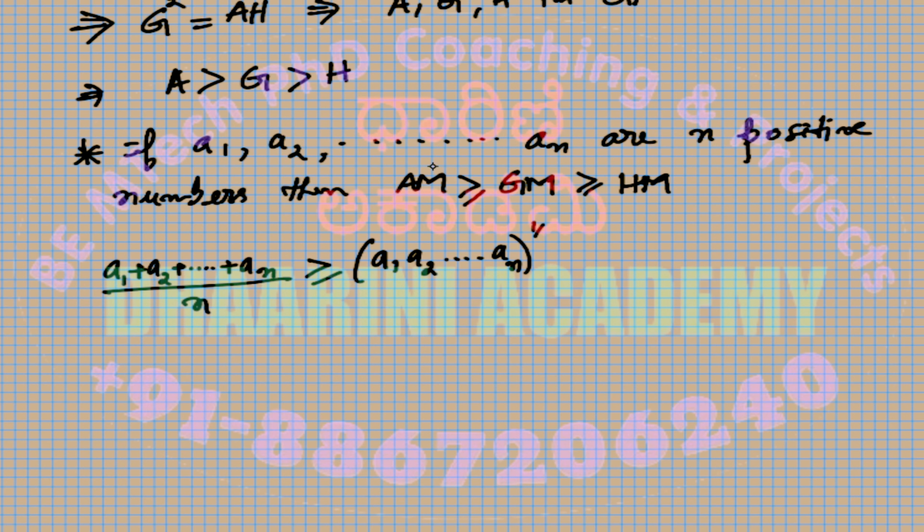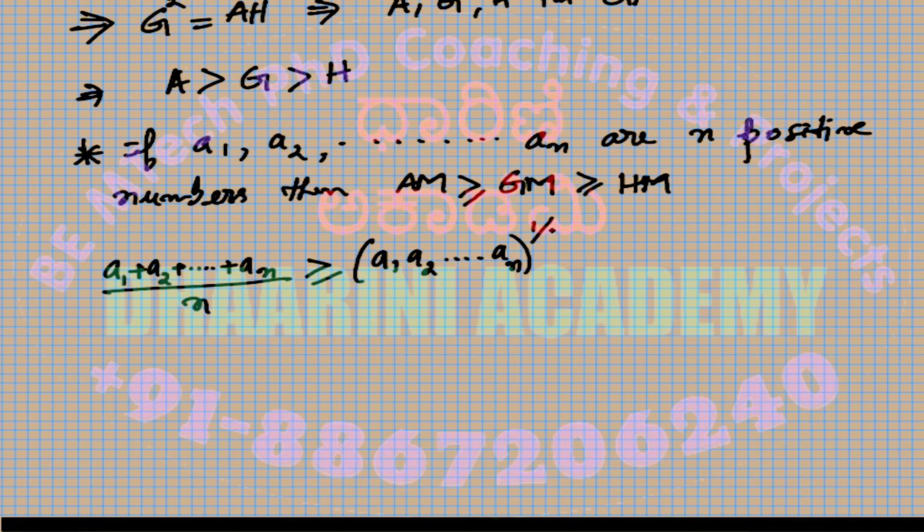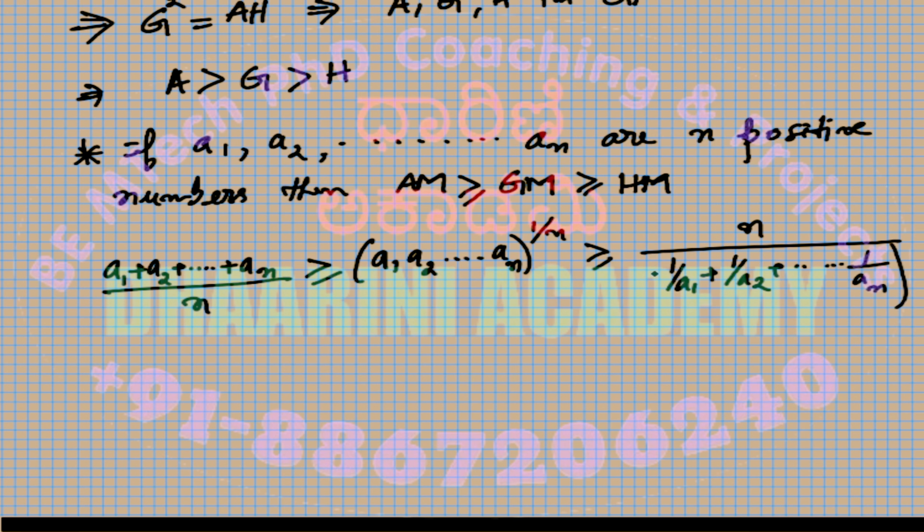So everything has to be raised to the power 1 over n to get the geometric mean. This is always greater than or equal to the harmonic mean of n numbers, which is n divided by 1 over a1 plus 1 over a2 plus dot dot dot up to 1 over an in the denominator.